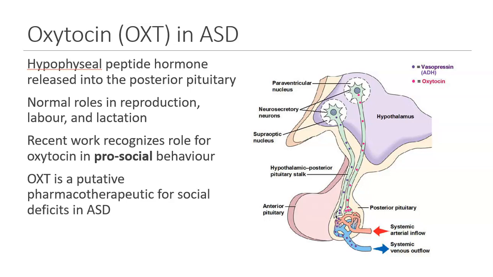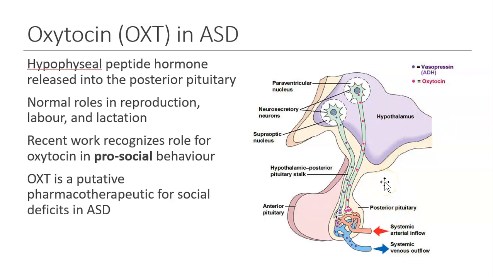and pretty much we've got a hypophyseal peptide hormone that's released into the posterior pituitary. So that's over here. We've got the entire pituitary gland. There's the anterior pituitary and then the posterior pituitary, and the posterior pituitary is there, and it sends information to the hypothalamus.